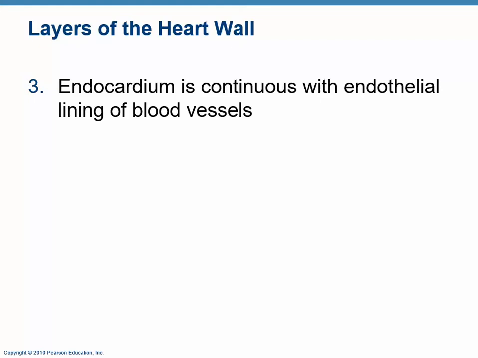So there are basically the four layers. There's the pericardium, which is the fibrous pericardium, the parietal layer of the serous pericardium. There's the pericardial space. There's the epicardium, which is epi means on, so it's on the heart.